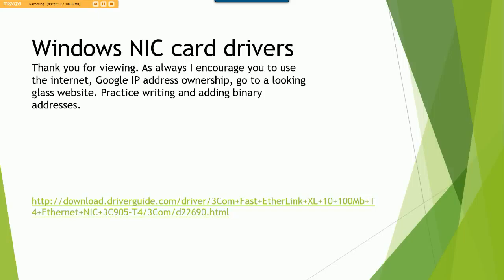Practice that, because if you're going to be in the IT field, when you're starting to work in IT, or you're trying to get jobs in IT, the questions about IP addresses will come up, and the better that you understand them, the better you'll be able to answer those questions.